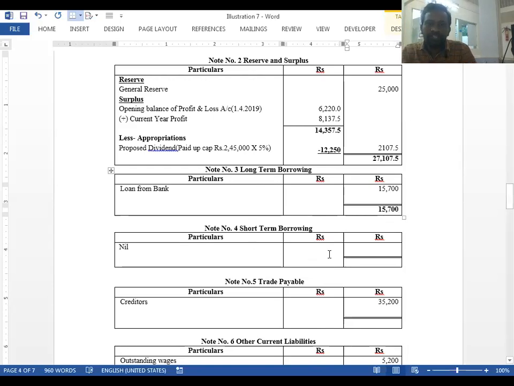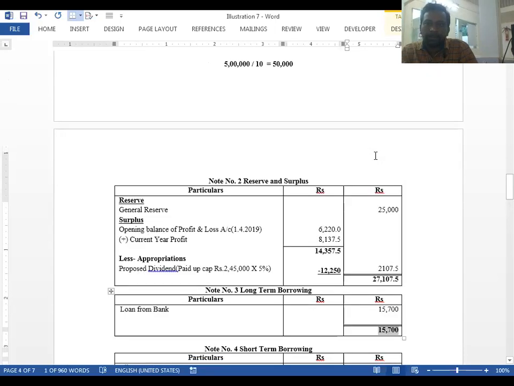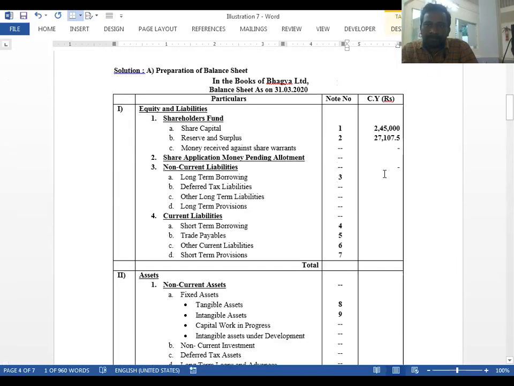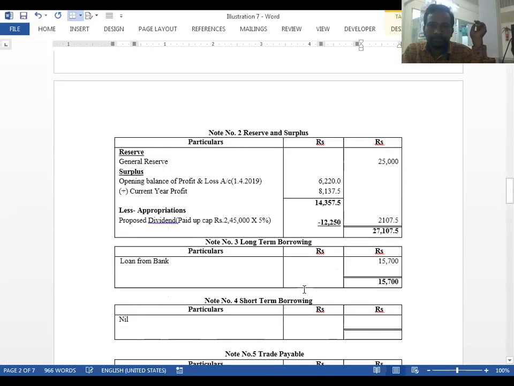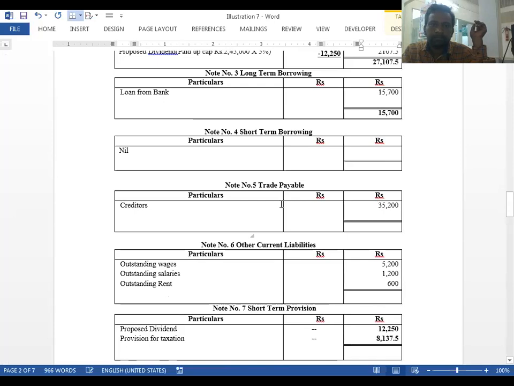Notes number four is nil. Then trade payable, 35,200.